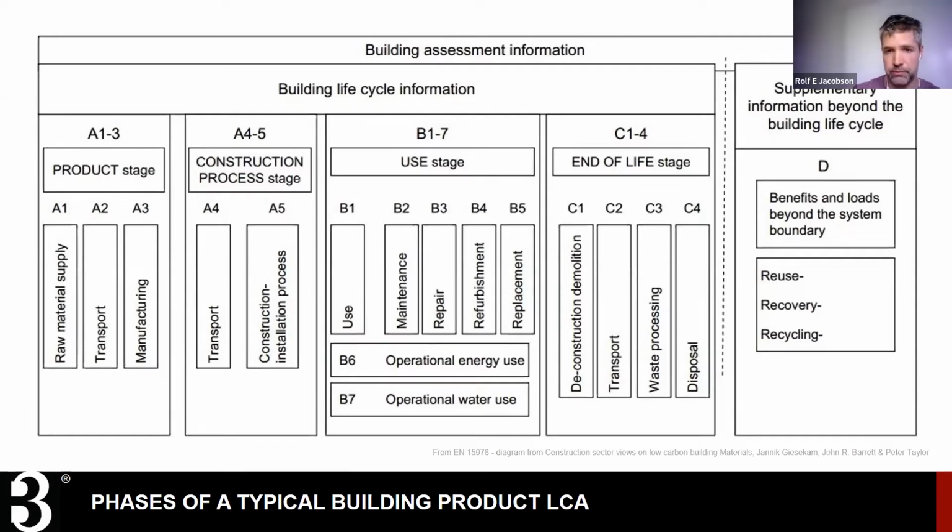finally disposal. There's an additional phase called phase D, which is, quote unquote, benefits and loads beyond the system boundary. The best example I can give of that is the carbon sequestration benefit that's often given to wood. Phase D is kind of a still questionable phase at this point in LCA science.